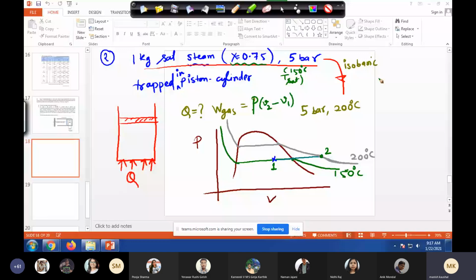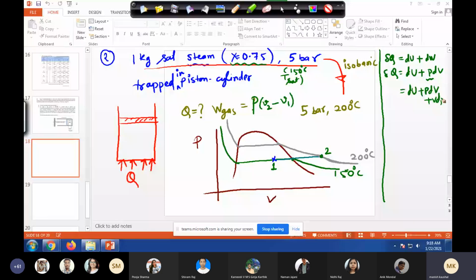Should I show it, or is it clear to everyone? It's not difficult. If you write the first law, dQ is equal to dE, and since the only form of energy is internal energy, dU plus dW, and the only form of work is PdV, but pressure is constant, so I can always add VdP.